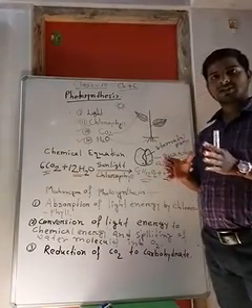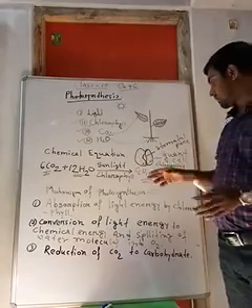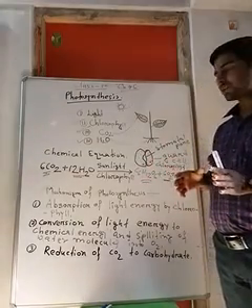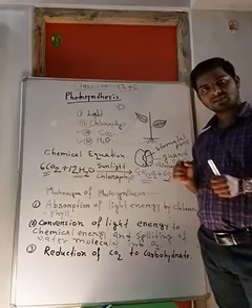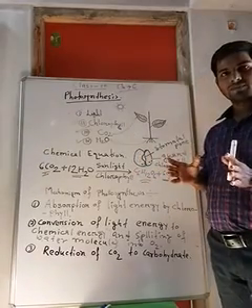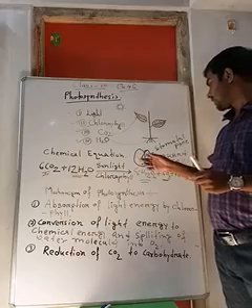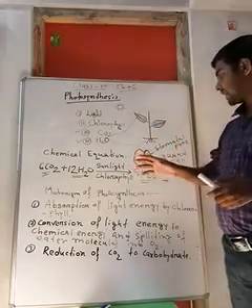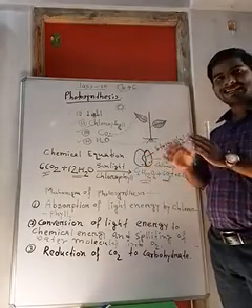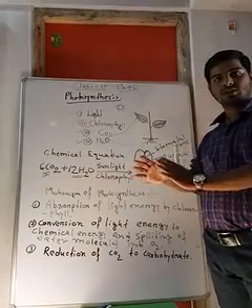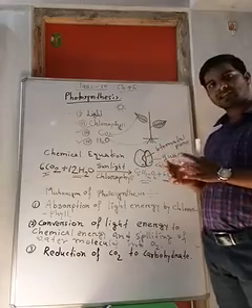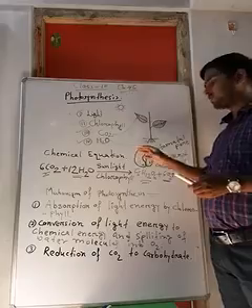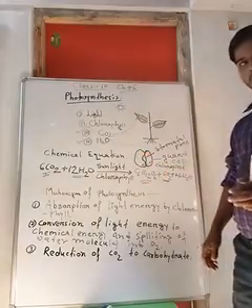When the guard cell collects water molecules from the surrounding, it will swell up, and at that time the stomata is open. When the guard cell releases the water molecules from its body, it will shrink. At that time the closing of the stomata takes place.